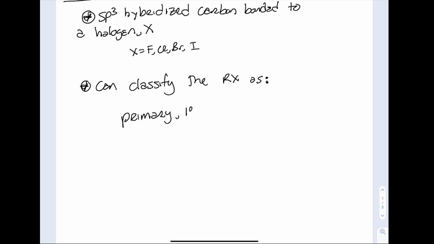And we can use a 1 with a degree sign, so that's how we would symbolize primary. And a primary alkyl halide is going to have the carbon that's bonded to that halogen only bonded to one other carbon. So I'm going to bond that carbon to one other carbon, and then it's going to be bonded to 2 hydrogens. So R in this case is again a carbon-based group.